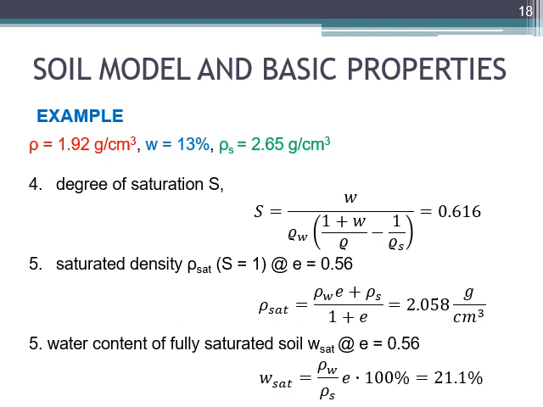The saturated density at the void ratio calculated before, so equal to 0.56, will be equal to 2.058 grams per cubic centimeter, and the water content of the fully saturated soil at the same void ratio shall equal 21.1%.